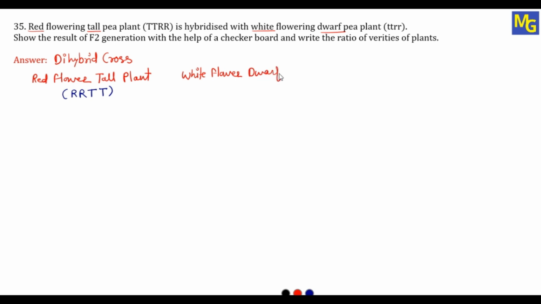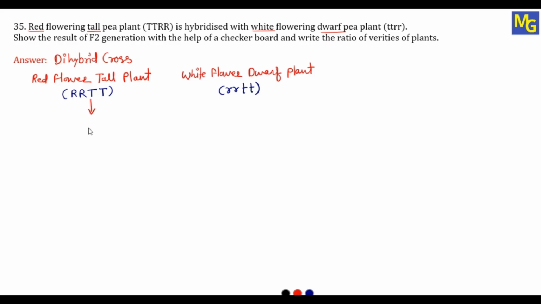So write down dwarf plant. And how we will denote this one? So we will write it as small t, and the another thing is, sorry, we will make the correction. As here first we have color, so we will write small r, and then we will write small t. So this is the main plant, and now we will start doing the F1 generation.